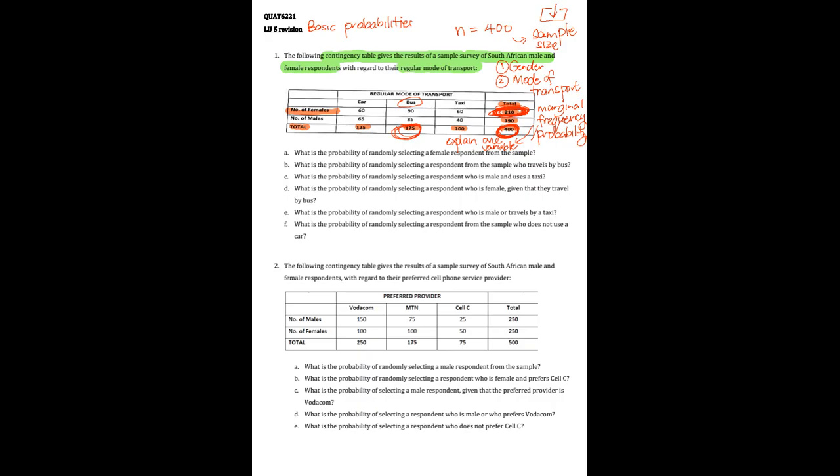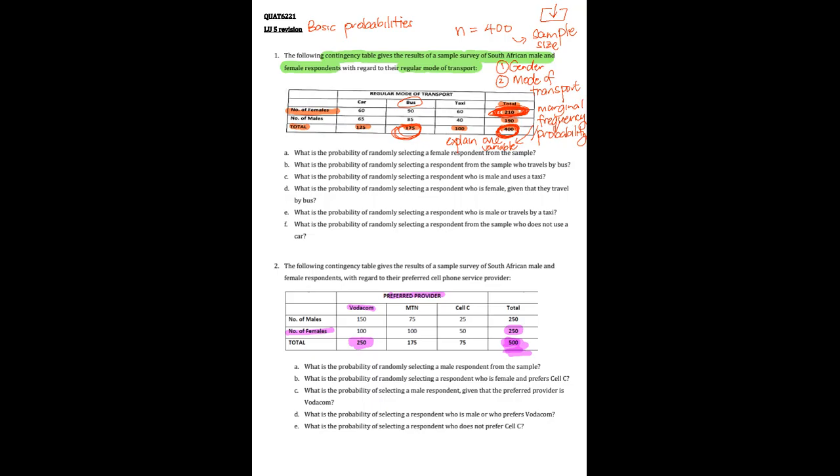If you look at the table at the bottom, for example, 250 here is telling you that 250 out of 500 people use Vodacom as their preferred service provider. Or even the number 250 here tells you that 250 out of the 500 people are female. So the values in the total column and the total row are referred to as marginal frequencies or marginal probabilities.